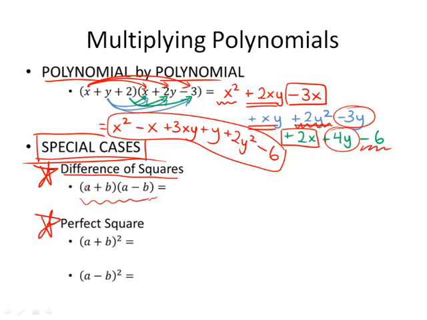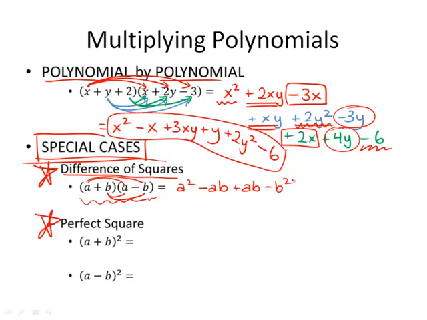So let's go ahead and just distribute. So a times a gives us a squared, a times negative b gives us negative ab, b times a gives us positive ab, b times negative b gives us negative b squared.